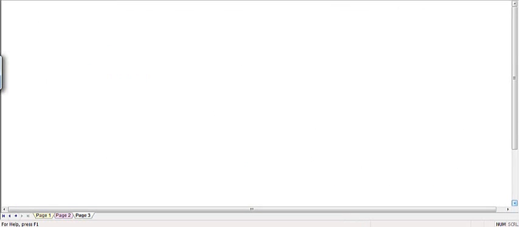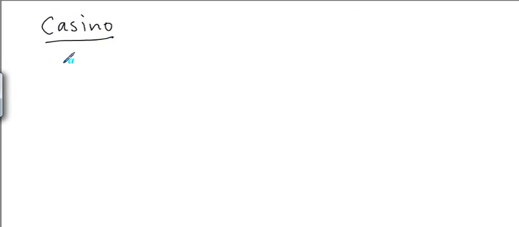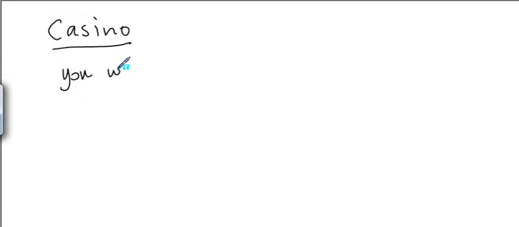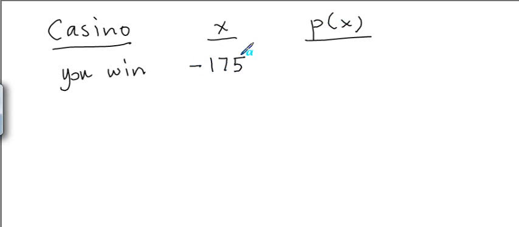Let's calculate the casino's expected value. Now, if you win, what happens to the casino? They have to give you $180, right? So they lose $175.